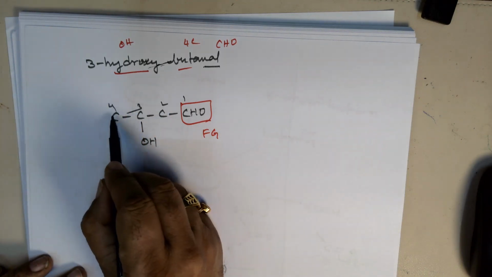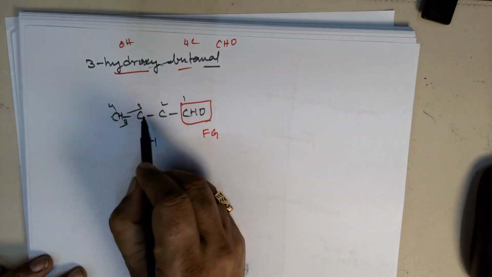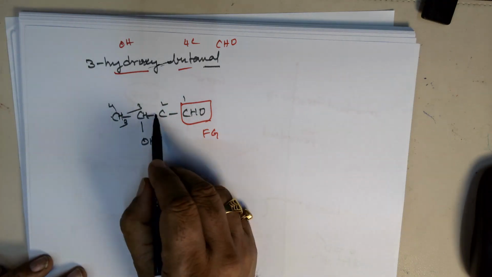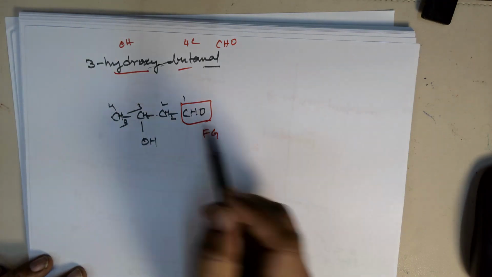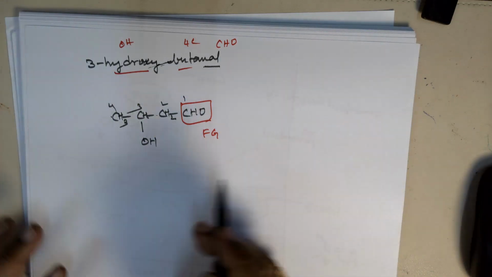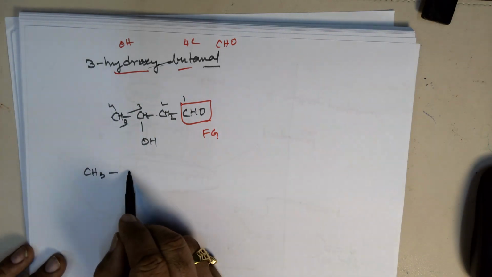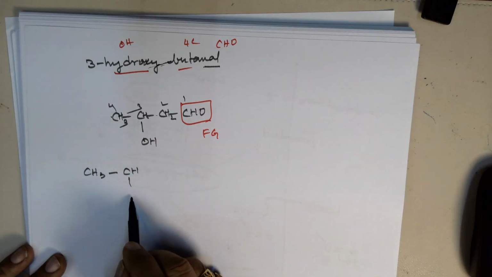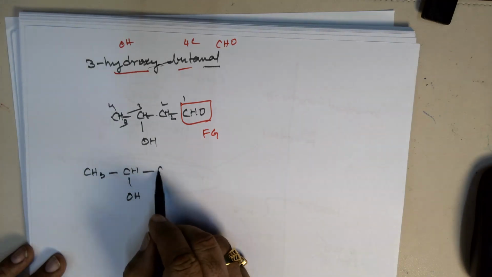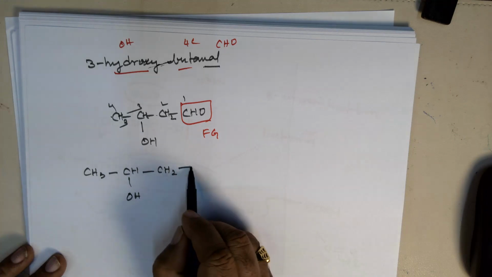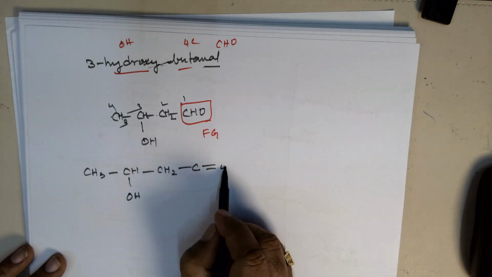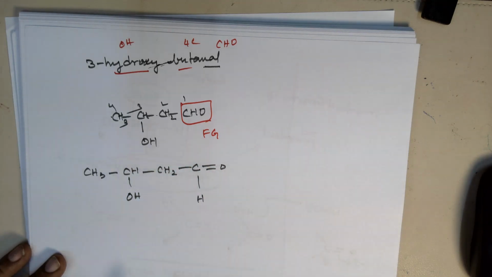Now fill up with hydrogen. CH3, this one CH and this one CH2. That's all. So if you want to expand the structure, you can expand. That is CH3, CHOH, CH2, and then C double bond H like this.